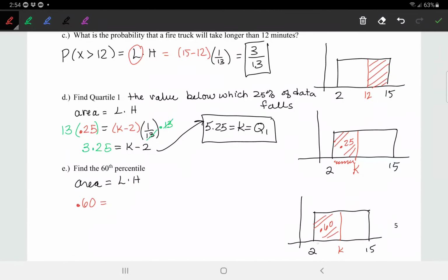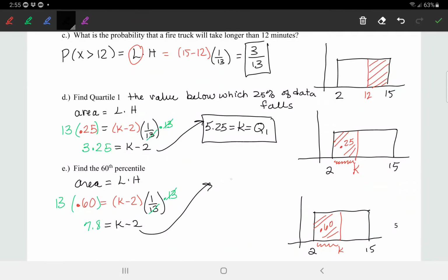The length of this rectangle is K minus 2, and the height is 1 over 13. Again, we multiply by 13 to clear the fractions. We'll do that on both sides. On the left, we'll have 7.8. That will be equal to K minus 2. And from there, adding 2 to both sides, K will be equal to 9.8. And this is the 60th percentile.